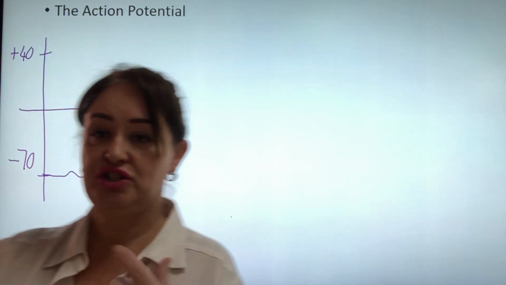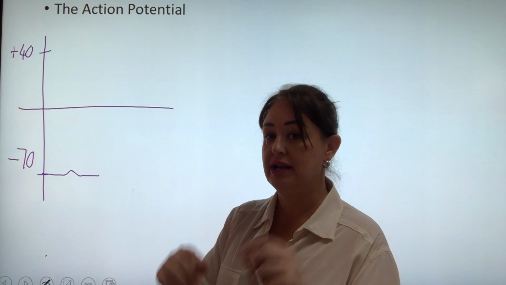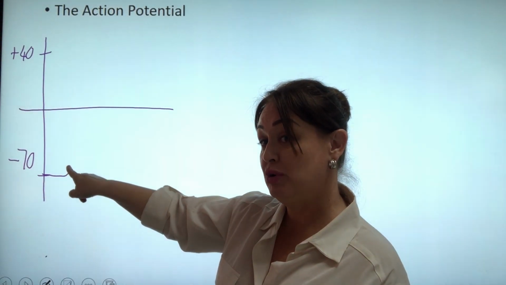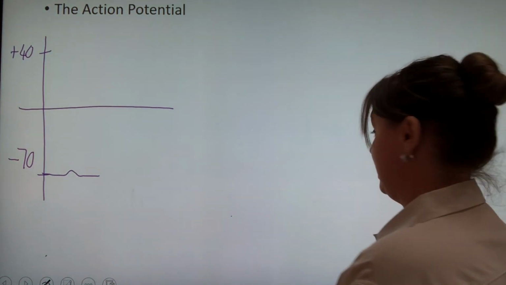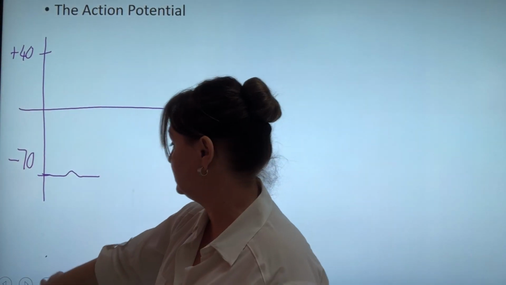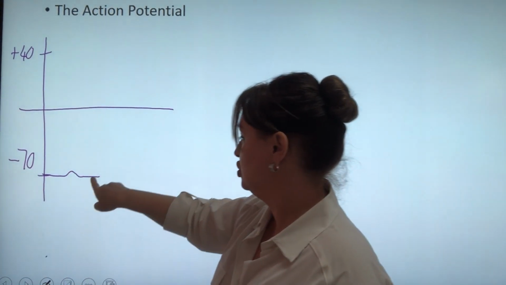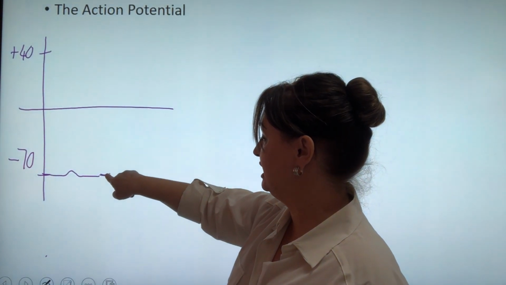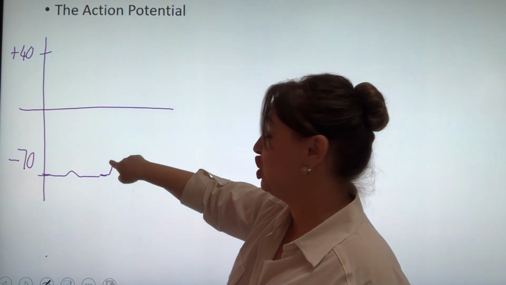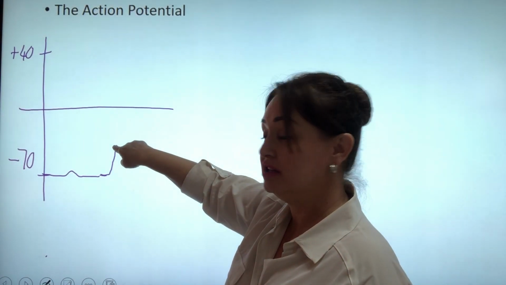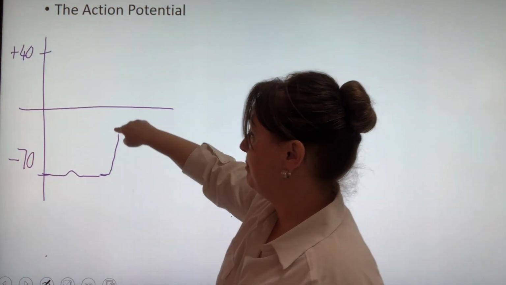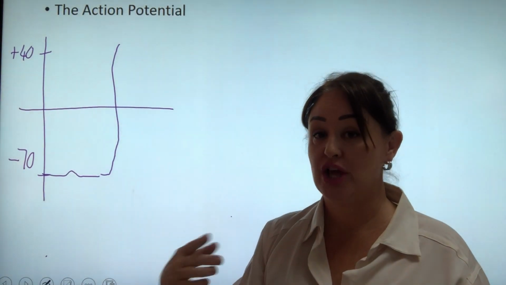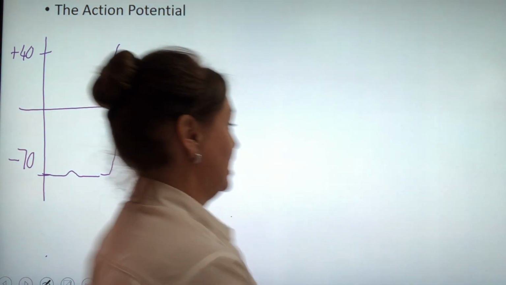So if the distortion of the membrane is big enough, then instead of the sodium potassium pump sorting it out, the sodium ions are going to rush in. They're going to tell the other sodium channels to open, and the polarity of the cell is going to change. It's going to reverse.